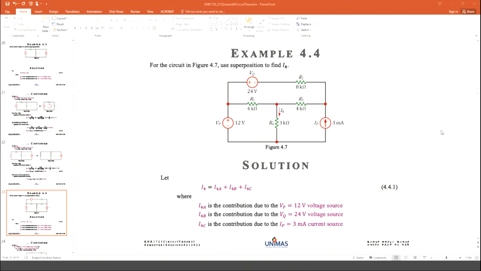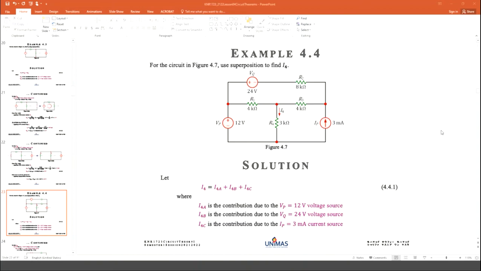Generally, you can imagine VQ short circuit. What happened to R2, R3, of course, when IP is also open circuit? If VQ is short circuit, imagine VQ is not there, so a straight line continues to R2.